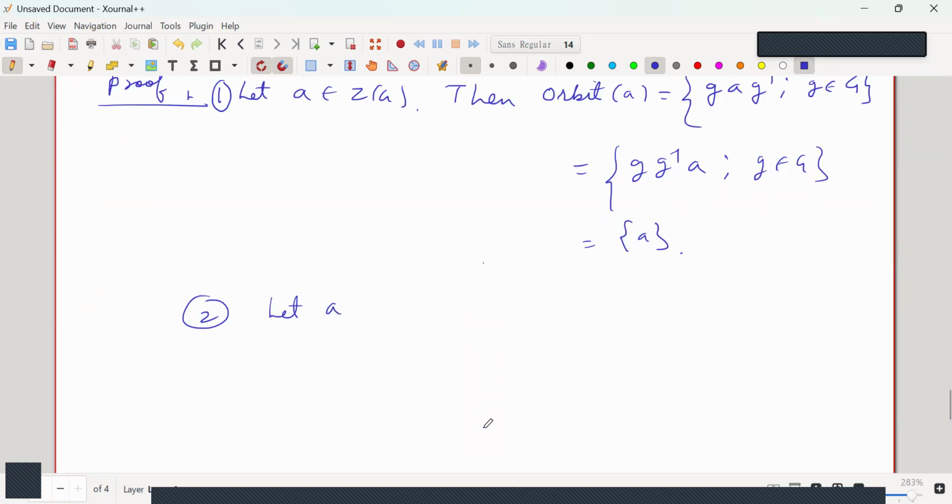So let a belong to G be such that the orbit of a is the singleton {a}.